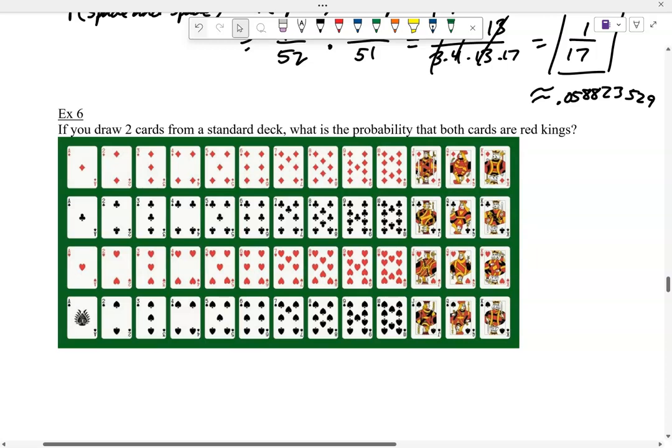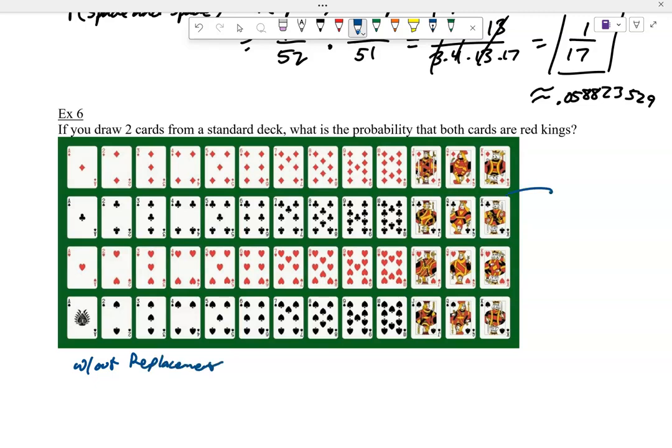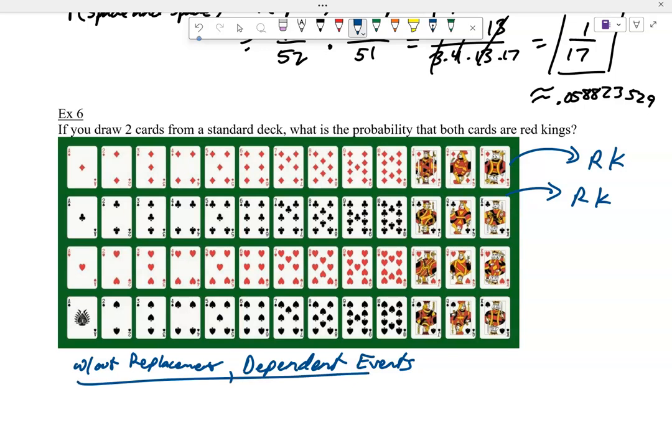And finally, let's go with a red king without replacement again. Without replacement, I'm pulling out a red king. I have to pull out another red king. So these are dependent events because the second pull is affected by the first pull.